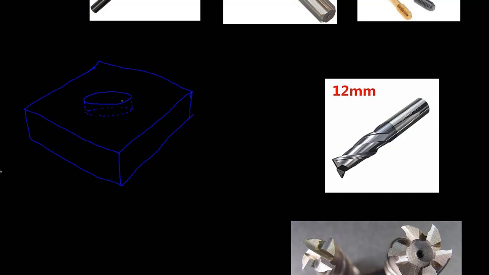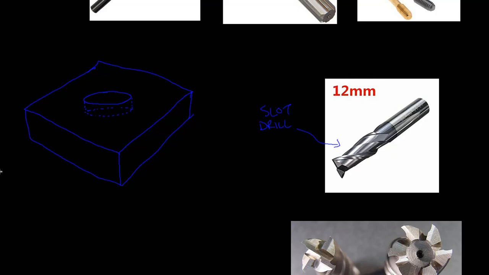So you could bore a hole out with a 2-flute slot drill. This is commonly referred to as a slot drill. If it only has 2 flutes, you could call it a 2-flute end mill, but it's commonly referred to as a slot drill.